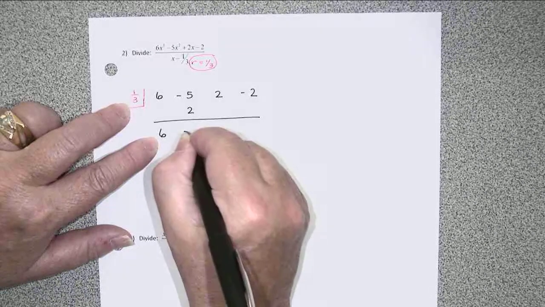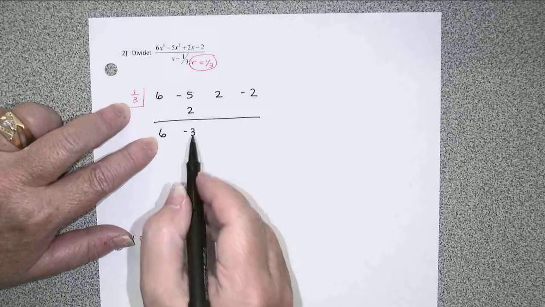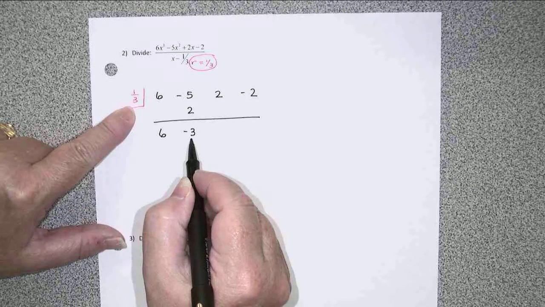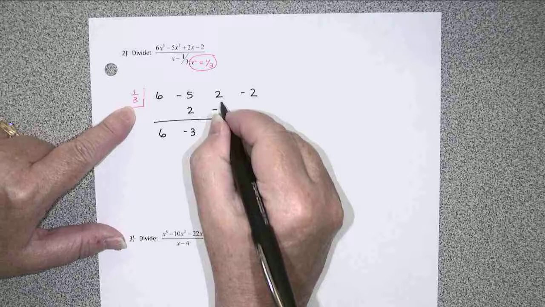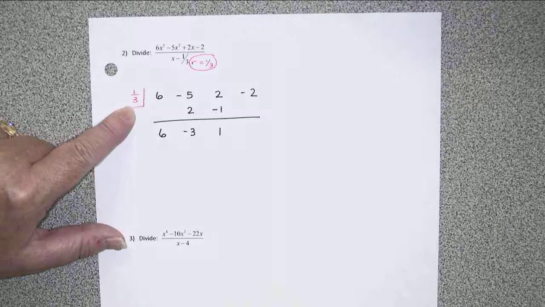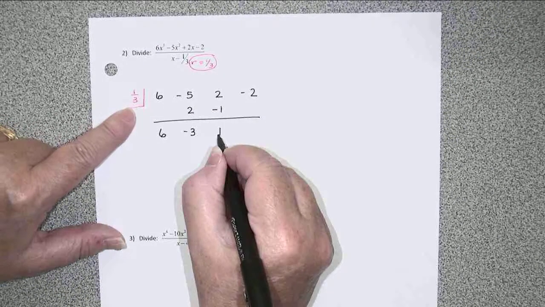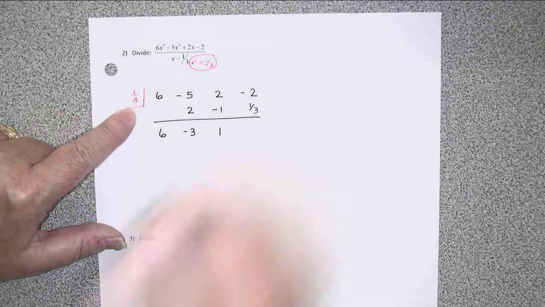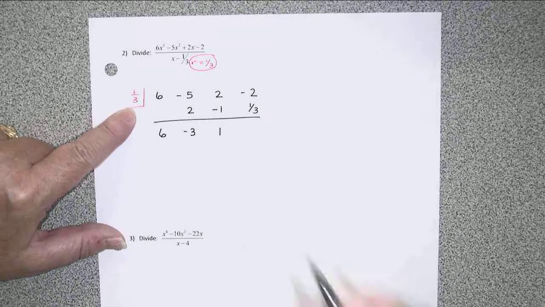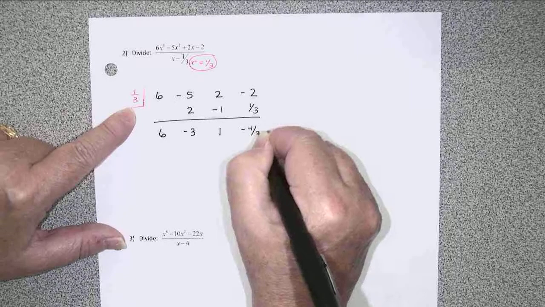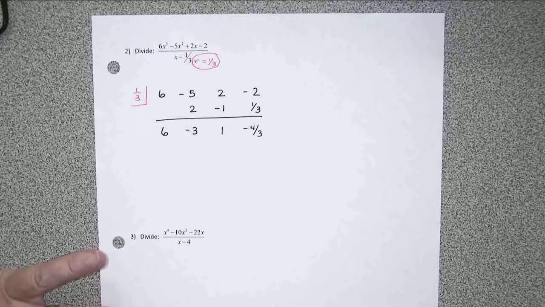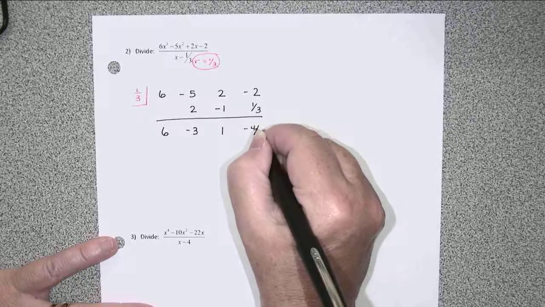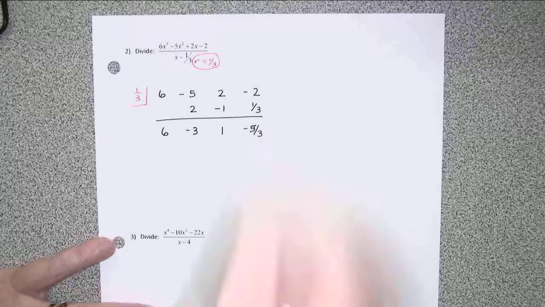And then add. -3. Multiply. 1/3 times -3 would be -1. And add. 1. Multiply. 1 times 1/3 is 1/3. And add. -4/3. Again, always feel free to use the calculator for the fraction arithmetic if that's not your cup of tea. And obviously it's not mine because I added that wrong. I'm sorry. -5/3. There we go.